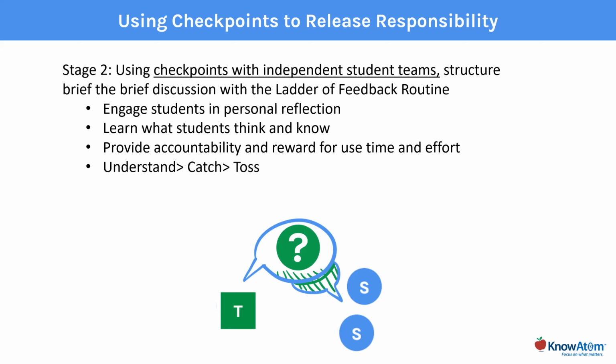Part of this tossing back is asking questions to get more information and to really probe. And if you hit a wall, you can differentiate, you can give suggestions, and then give the student team a U-turn to go back and make changes and come back and see you. And always communicate with them the amount of time that they have available to do that. Okay, 3 minutes, 5 minutes, something like that.